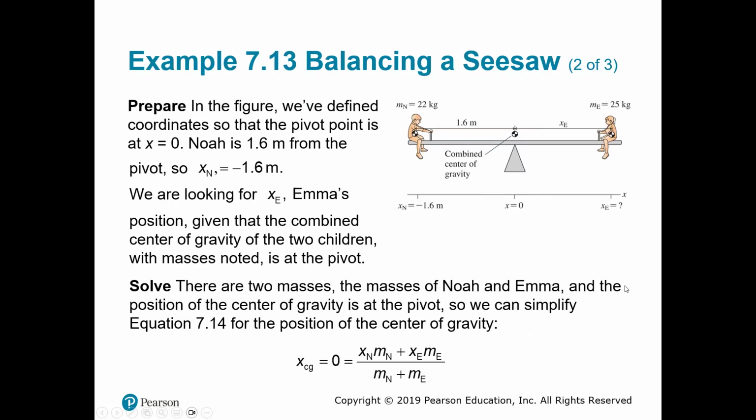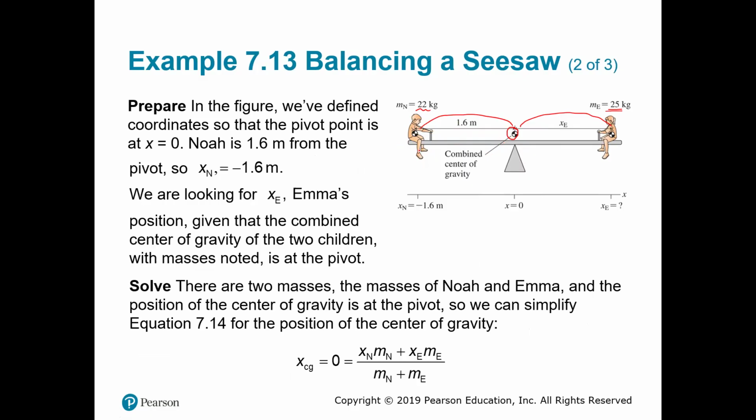This is the hinge point, and this boy, 22 kilograms, is sitting 1.6 meters away, but Emma, 25 kilograms, which is a little bit heavier, so the distance from here to here, as you know, is gonna be shorter, right?